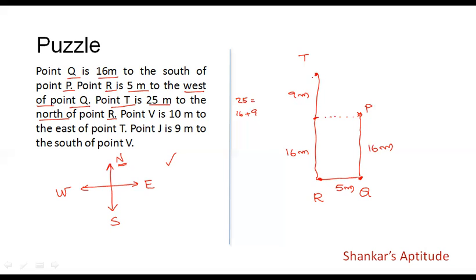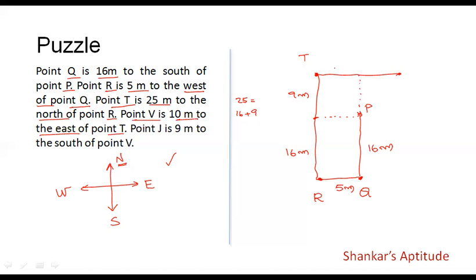Now it is given that point V is 10 meters to the east of point T. This is the portion where point T is located. East of point T means it will be located in this direction. Point V is 10 meters to the east of point T. 10 means it is 5 plus 5, because we already know Q and R are separated by 5 meters.